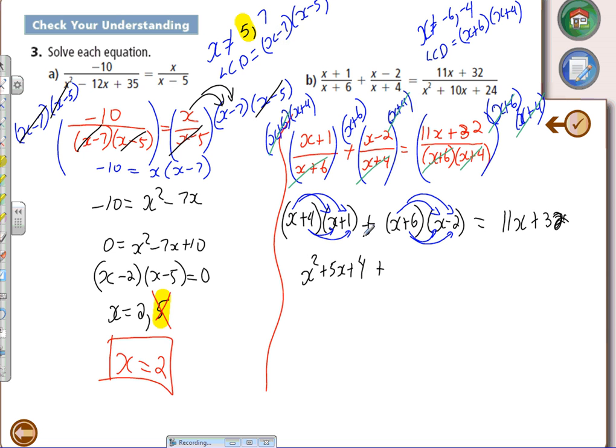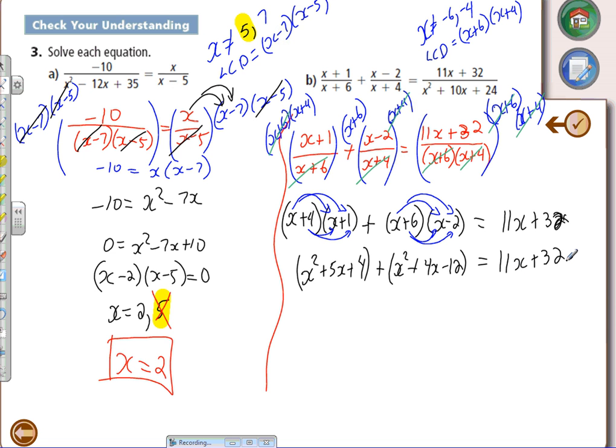Plus, and careful, if that was a negative, you'd have to be distributing that into here as well. Plus x squared plus 4x minus 12. So it actually is safer if you have the brackets there, because if that was a negative, you'd bring it in. Equals 11x plus the 32.